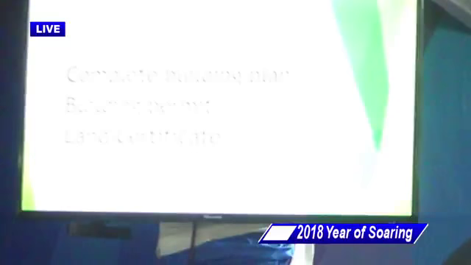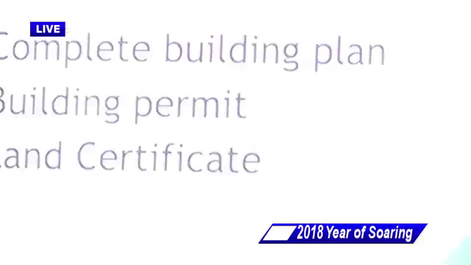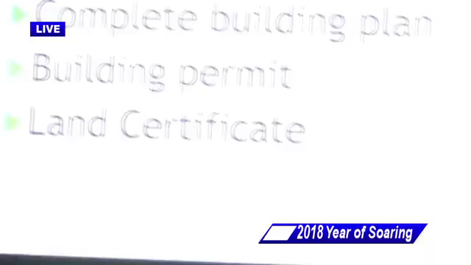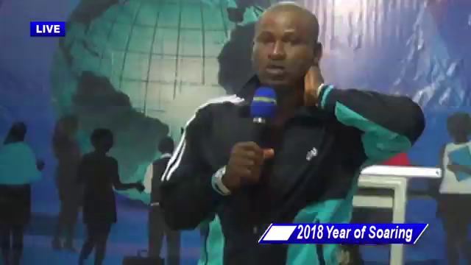It also comprises the technical document of the building, because we are going to be building a G+2 building. That means ground floor plus 2 other floors on top. We are going to need an engineer who is registered in the National Order of Engineers of Cameroon to endorse the building plan.